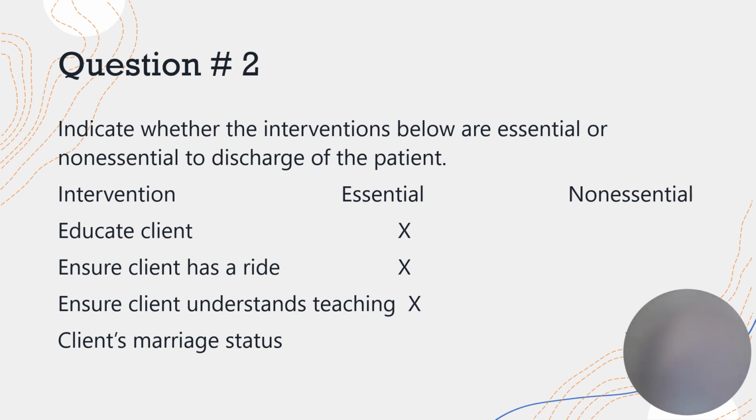We can do that by return demonstration, or if there's nothing to demonstrate, like if you're teaching them about the medications, they can just repeat to you the side effects of the medication and what to look out for. Client's marriage status, we don't need to know prior to discharge. And I answered it under non-essential, but my little circle is hiding it.